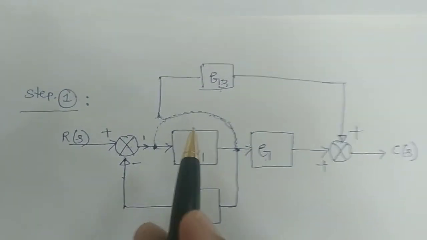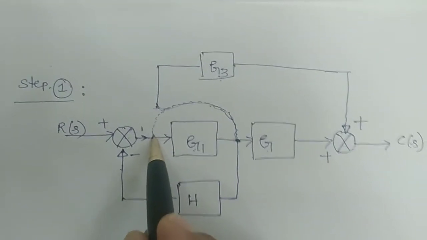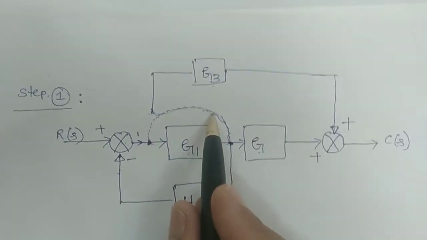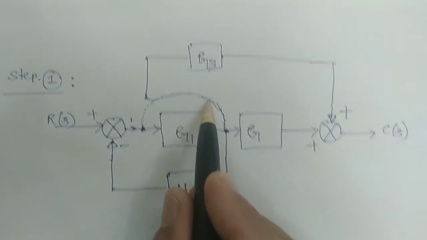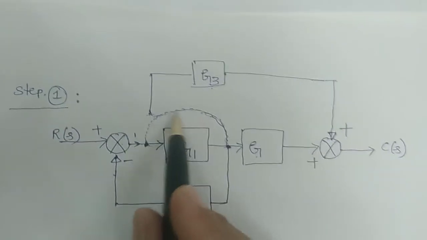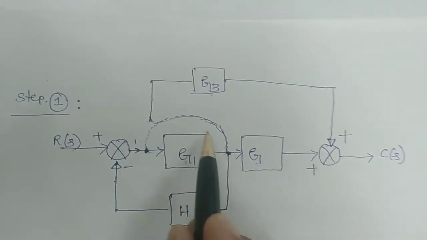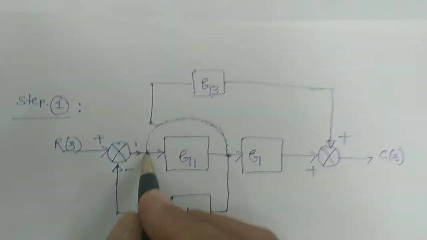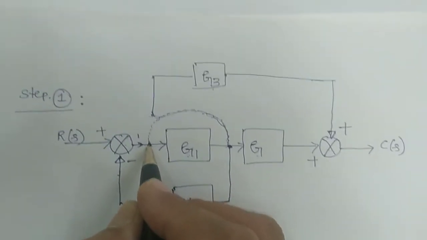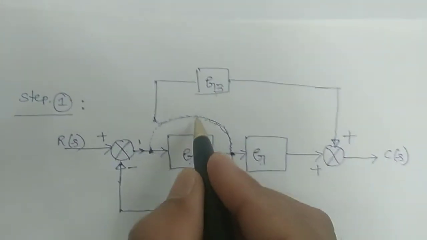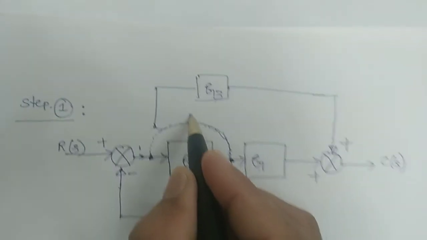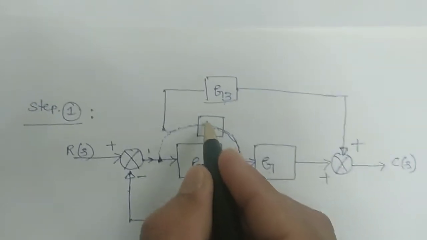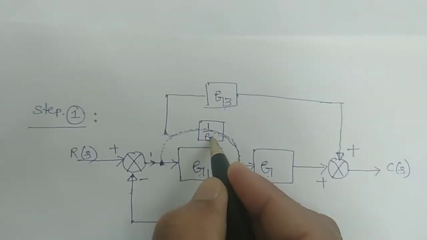Now, if you shift this takeoff point, there is a slight modification in this path. What is the modification? The path gain 1 by G1 will be added in this path. As you are shifting this takeoff point to after the block, some amount of gain will be added in this path, that is 1 by G1.